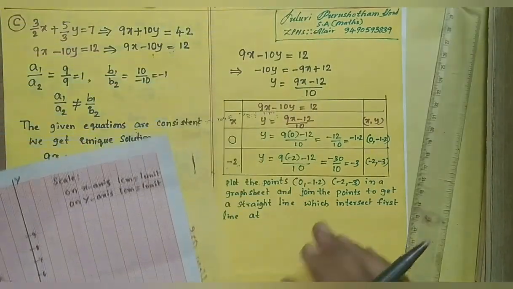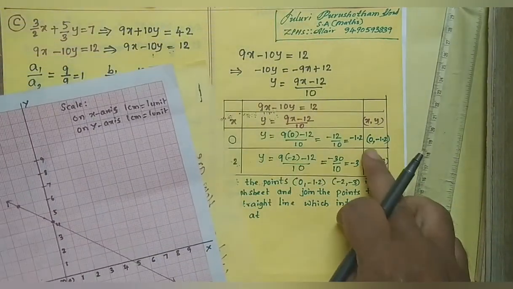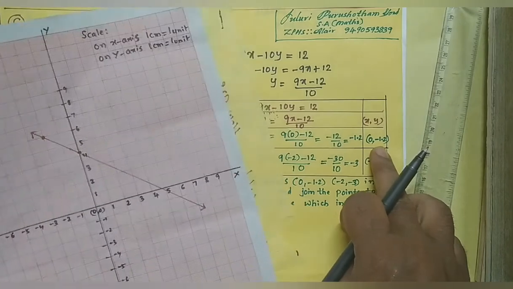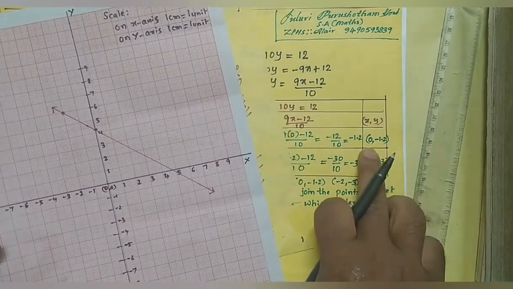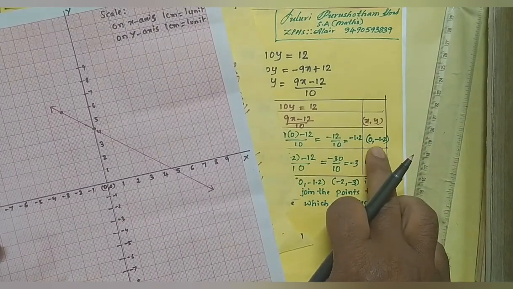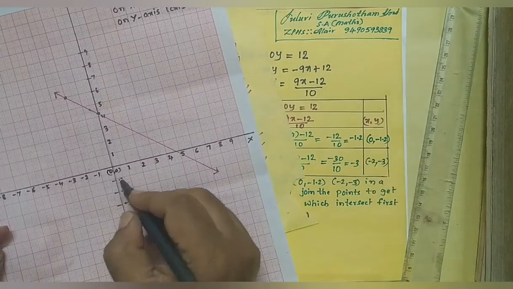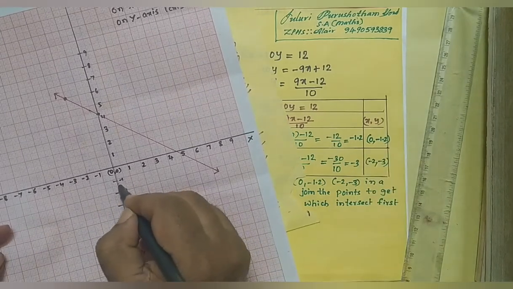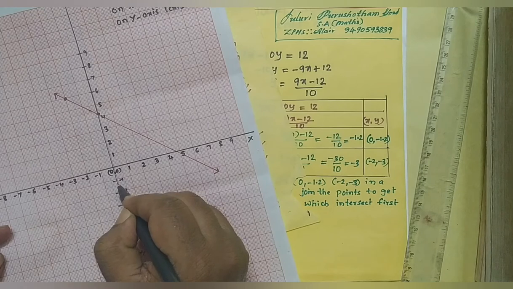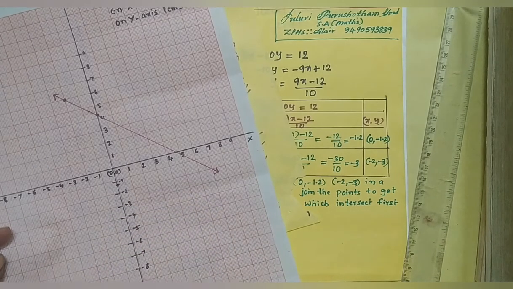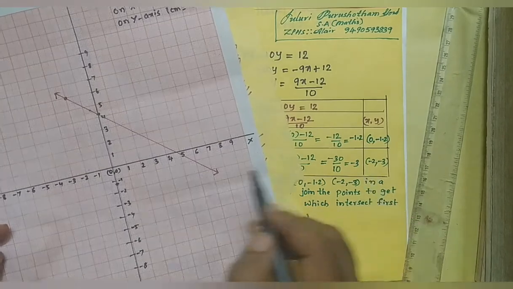Right. Next ordered pair 0 comma minus 1.2. x is 0 and y is minus 1.2. We get 1.2 on the y-axis, minus 1 after the second line. Okay, I am keeping it right. And next, minus 2 comma minus 3.